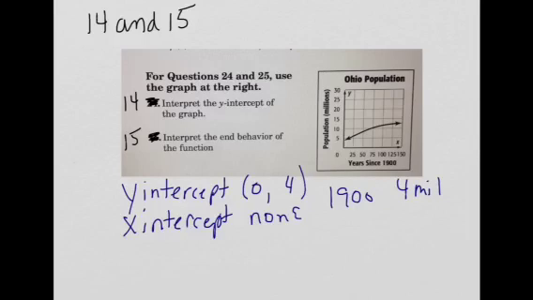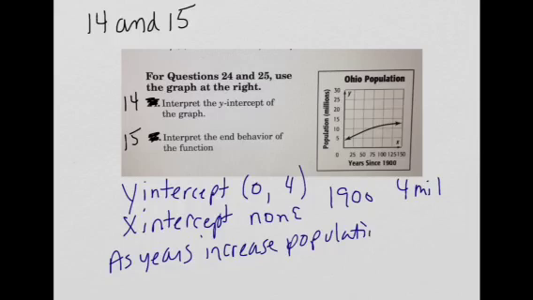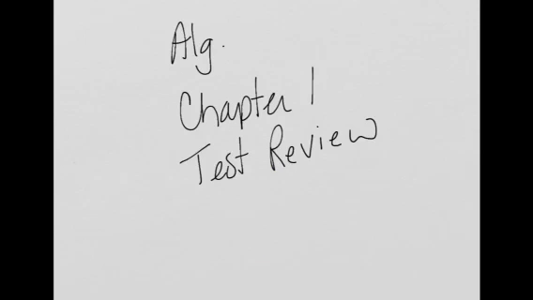So as the years increase, the population is increasing, and the end behavior is showing that about 13 million people are going to be the population after about the year 2050. And that's our chapter review.